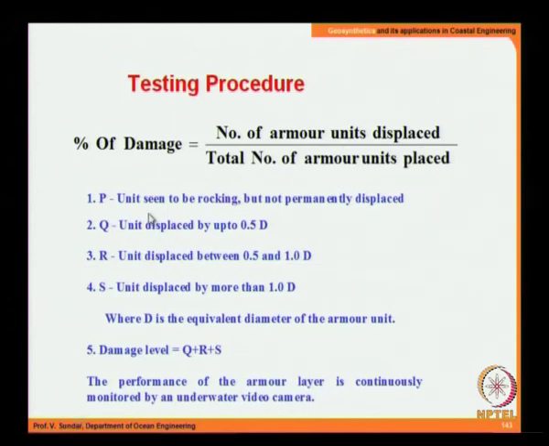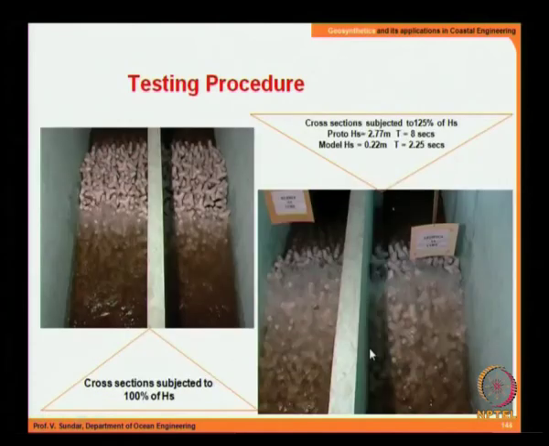The categories are: unit permanently but only rocking, unit displaced by 0.5 times the equivalent diameter, and R is unit displaced by 0.5 to 1 diameter, and S is more than 1 diameter. When you add all these classes, then you get the damage level. The damage level should not exceed 5%.